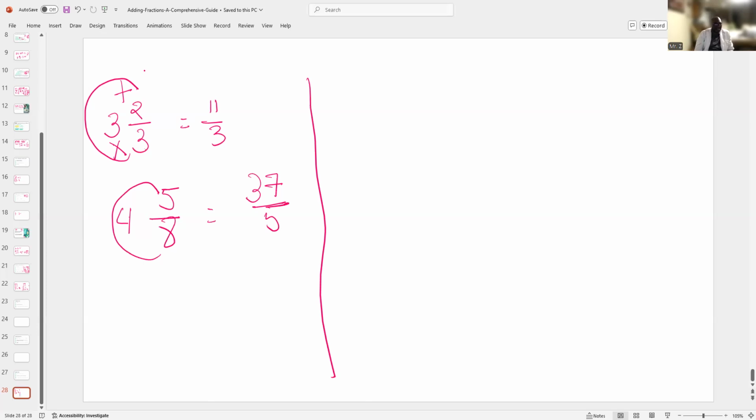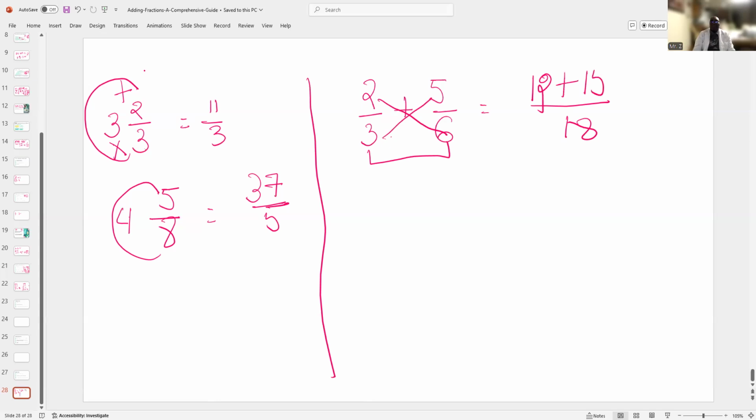All right. Now let's review how to add fractions. 2/3 plus 5 over 6. Once again, there are so many approaches you can use. I'm going to use only one approach here. I multiply the denominators together. I have 18. I multiply 2 and 6, I got 12. I multiply 3 and 5, I got 15. So now I will have 27 over 18.